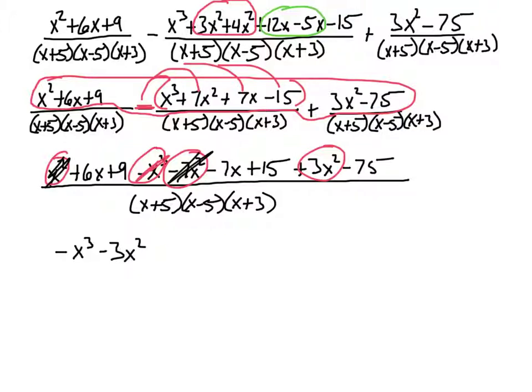Then we can combine x terms, 6x, negative 7x, so that's a negative x. And combining constants, we have plus 9, plus 15, minus 75. So 15 and negative 75 is a negative 60. Negative 60 plus 9 is a negative 51.